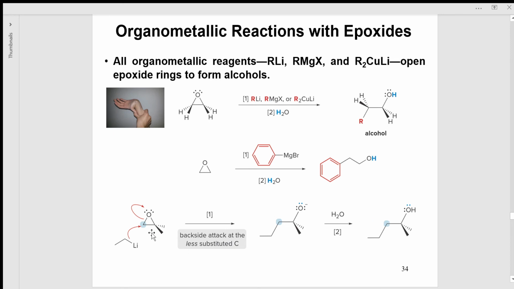So again, this is something we learned in chapter 9 or 10, the alcohol, ether, and epoxide chapters. We have two conditions, either base condition like this, or acid condition. Under acid condition, some nucleophiles can also open up this ring, but under acid condition, the nucleophile will preferably attack this carbon.